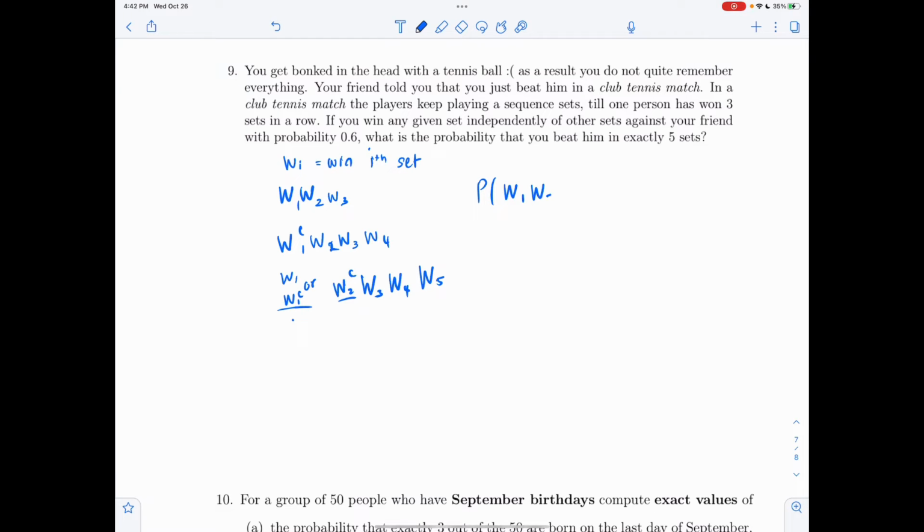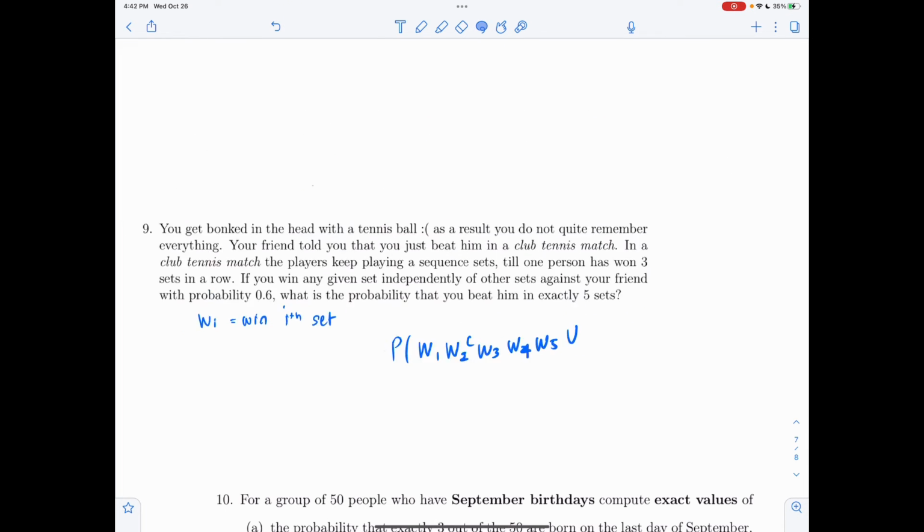W1, W2 complement, W3, W4, W5, union, W1 complement, W2 complement, W3, W4, W5. The probability of the union is the sum of the probabilities.